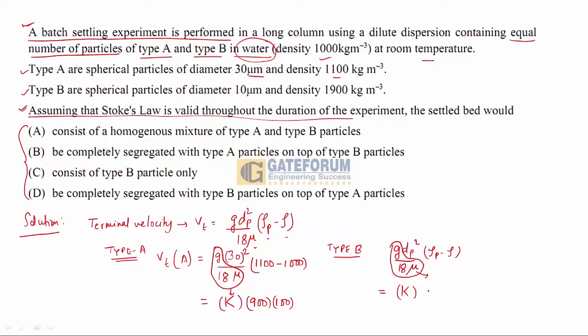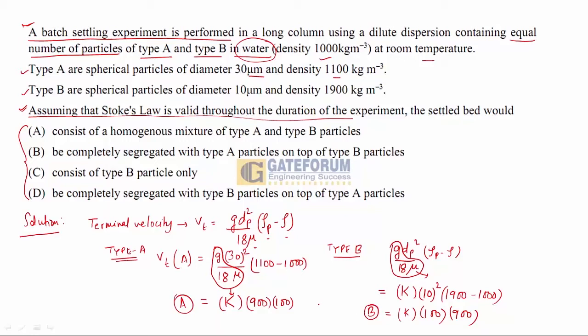It is 10 micrometer, and again I will not change the unit of dp, so 10 square. Rho p is 1900 minus rho, which is 1000. So it will be K into 100 into 900. So this was for A, this is for B.